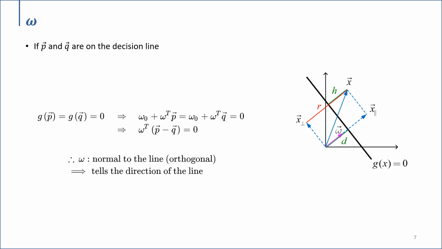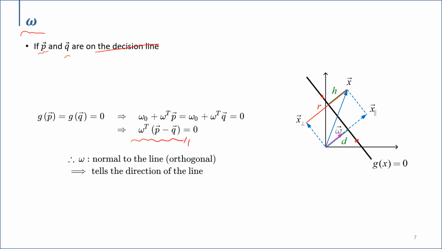And let's see the meaning of omega. For that, let's first assume that vectors p and q are on the decision line. So let's say two points here, p and q. By knowing that p and q are on the line, we know that g(p) and g(q) are equal to 0. So by subtracting these equations, we obtain that omega transpose (p minus q) is equal to 0.